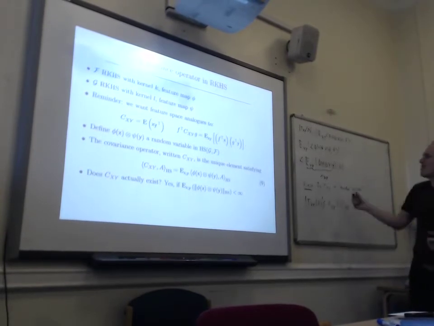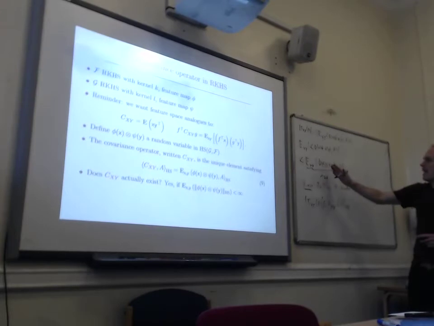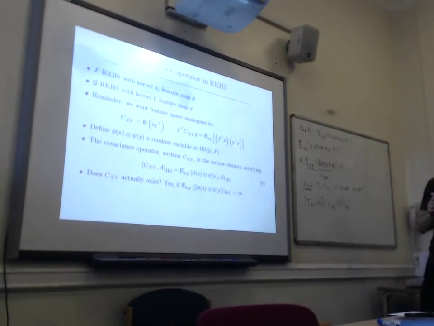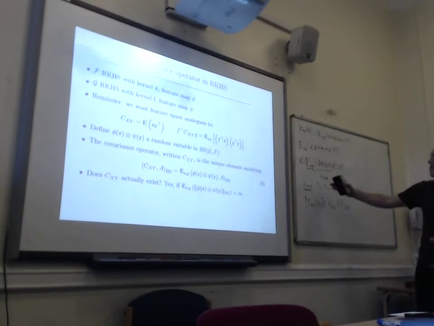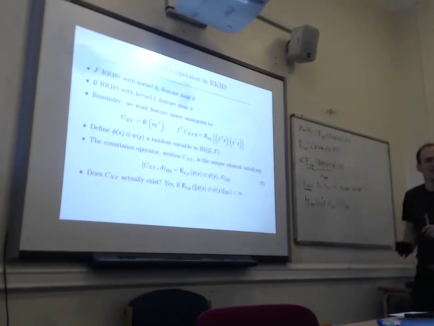It's bounded, so that means that I can write T_xy as an inner product of C_xy and A. Now the problem is that the expectation of the norm of a tensor product between infinite dimensional vectors is not very nice. So I've just said that if some condition that I don't understand holds, then my C_xy exists, and that's perhaps not very useful. I want something that I can actually test.